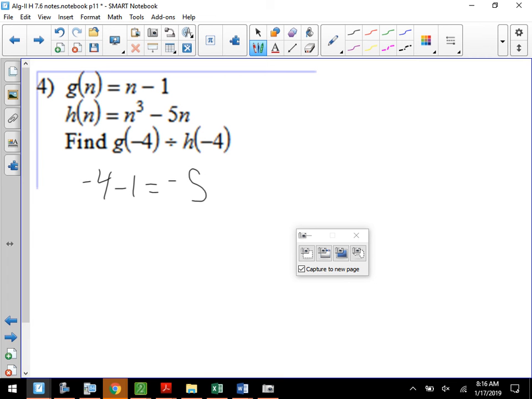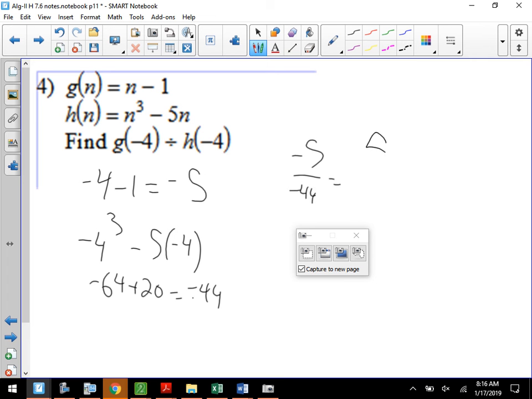And if I do negative 4 to the third minus 5 times negative 4, negative 4 to the third is negative 64. Negative 5 times negative 4 is 20, so it's negative 64 plus 20, which is negative 44. So it says g divided by h, so it's negative 5 over negative 44, which is 5/44. In that case, that's how you would be able to simplify it, because the negatives drop.